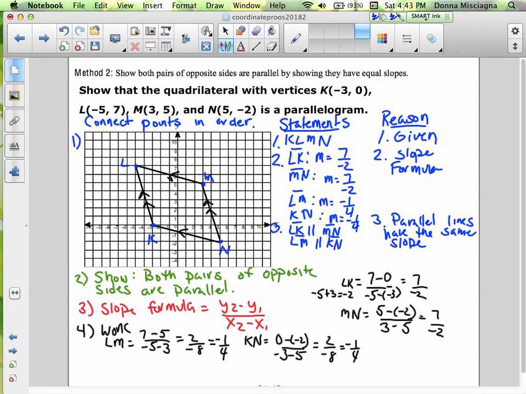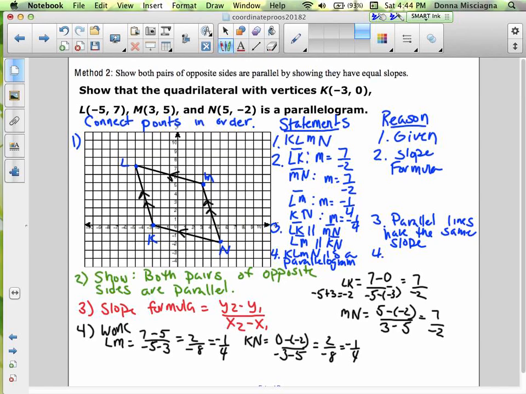Well, as we can see from the diagram, if we have two pairs of opposite sides that are parallel, it means that KLMN is a parallelogram. And which reason did we use to prove it's a parallelogram?